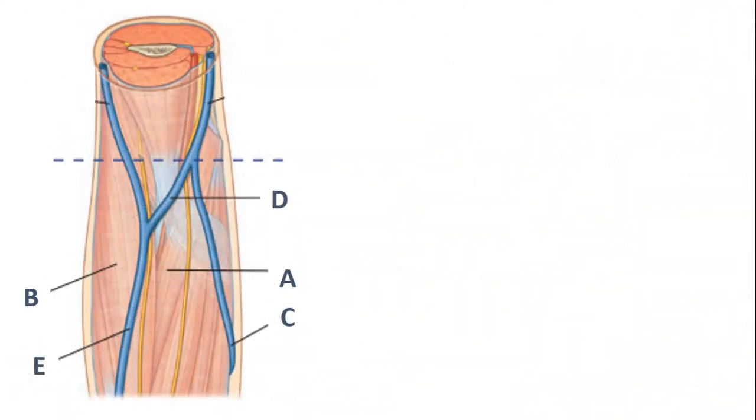So we are still in the cubital fossa, and we can easily identify the different structures of the cubital fossa. In this one, we are normally focusing on the roof of the cubital fossa.